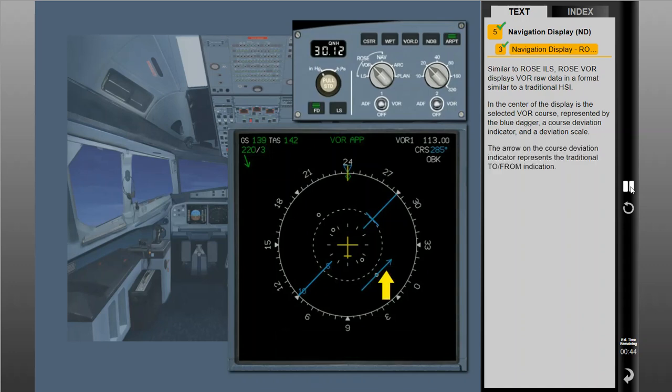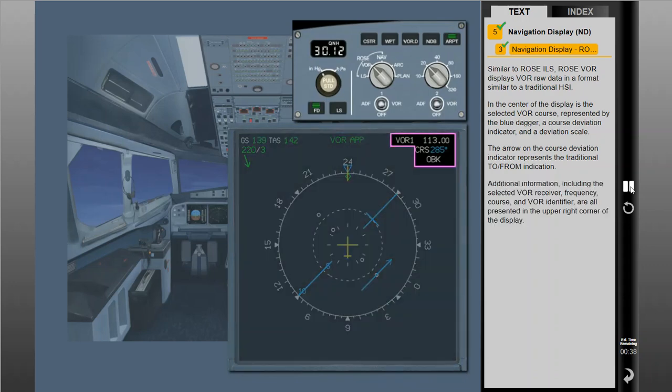The arrow on the course deviation indicator represents the traditional to-from indication. Additional information, including the selected VOR receiver, frequency, course, and VOR identifier, are all presented in the upper right corner of the display. VOR approach appears when the crew has entered a VOR approach into the flight plan.